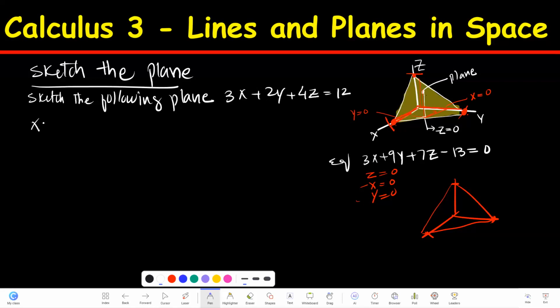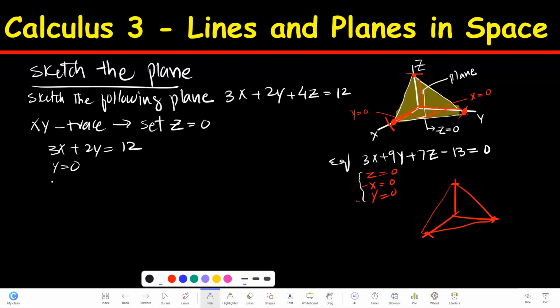Here, I'm going to say the xy trace. I'm going to set z equal to 0. If I put z equal to 0 in this equation, it's going to be 3x plus 2y equals 12. I further elaborate: I'm going to say y equals 0, just like what I mentioned.